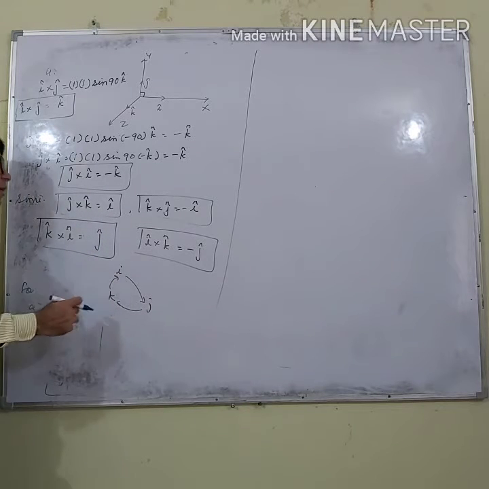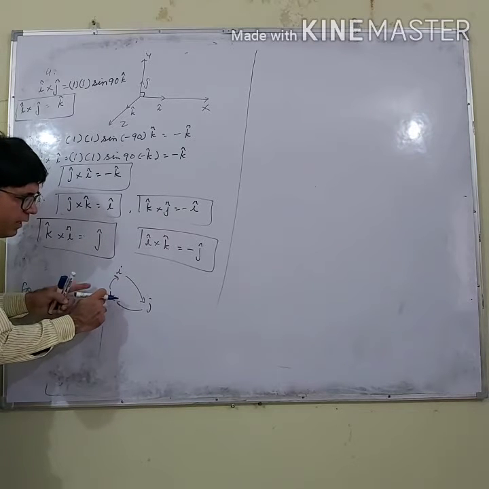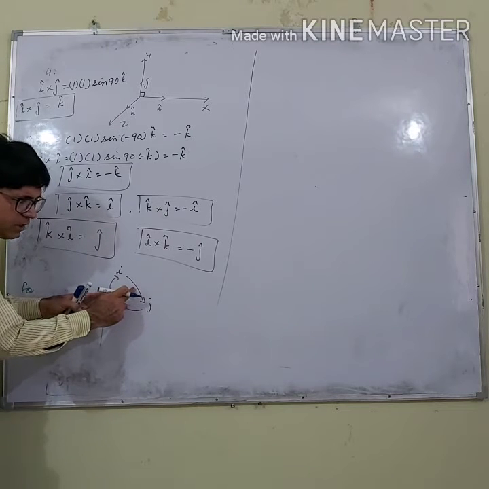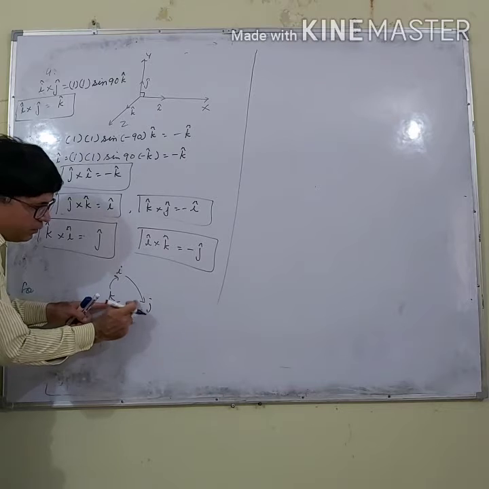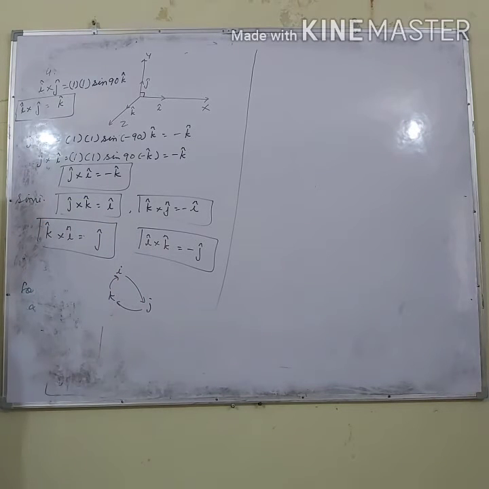But if you reverse the direction, if you move from i to k, the arrow is reversed, so the answer will be minus j. k to j, the answer will be minus i, and j to i, the answer will be minus k. So this is the fourth point.